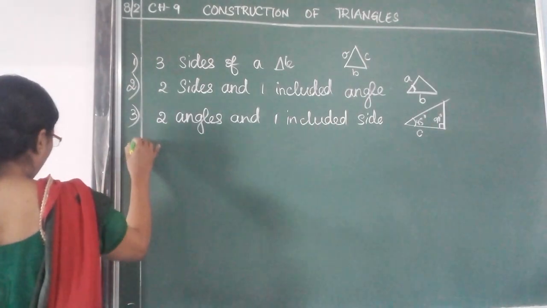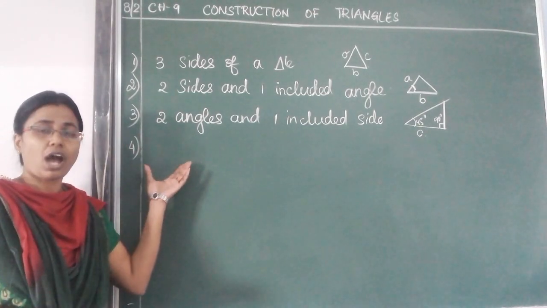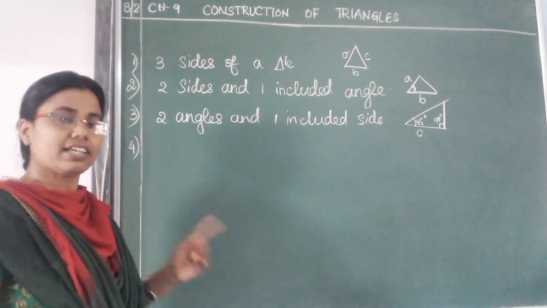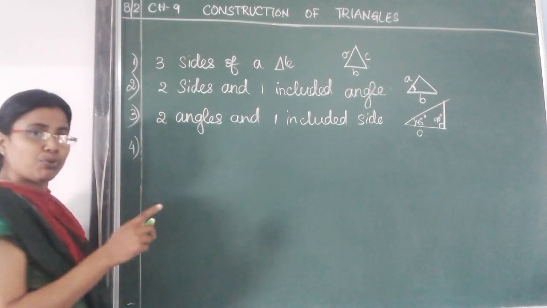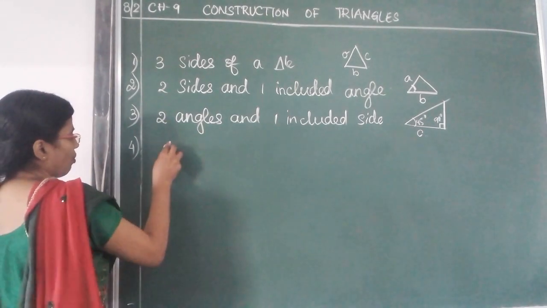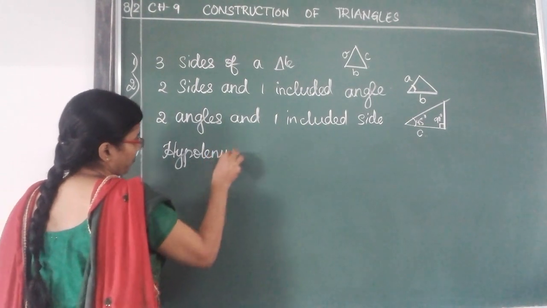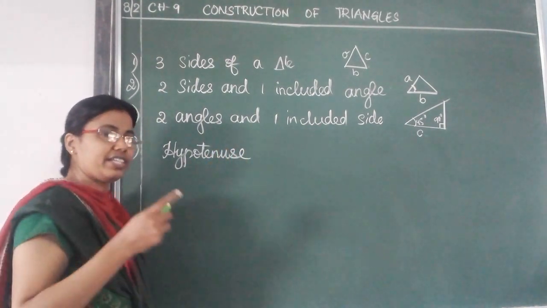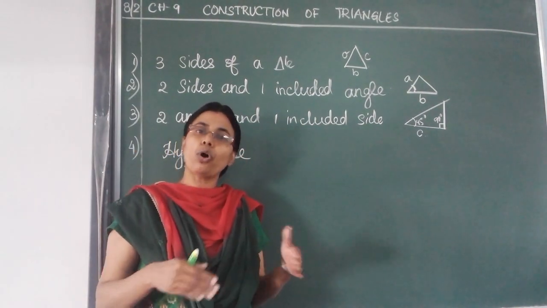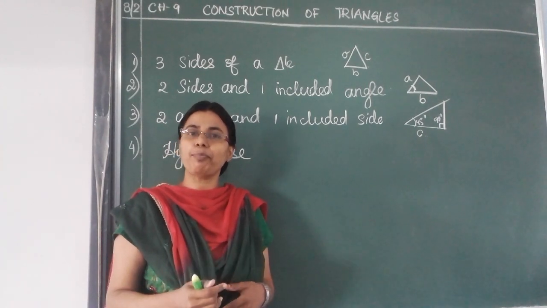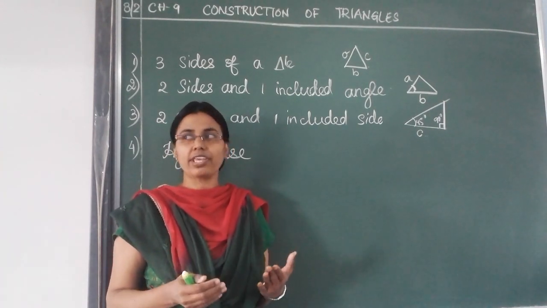And there is a fourth condition of how to construct a triangle. The last condition is, if you know the hypotenuse. What is a hypotenuse? When you have a right angled triangle, the longest side is called the hypotenuse of the triangle.